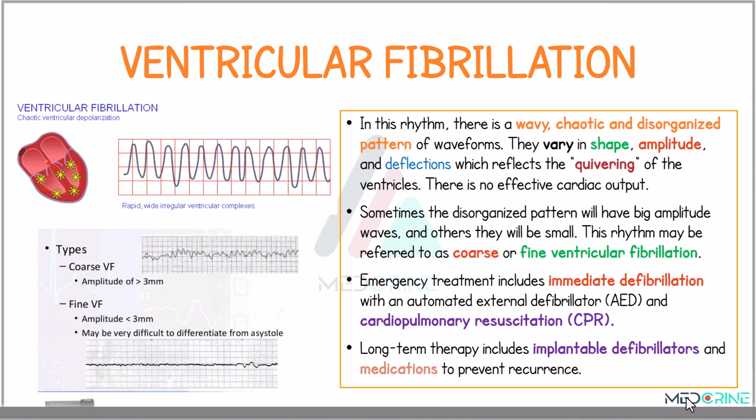In coarse ventricular fibrillation, the amplitude of these ECG waves is greater than 3 millimeters. On the other hand, a fine ventricular fibrillation could pose difficulty in differentiating between VF and asystole because the amplitude is less than 3 millimeters.